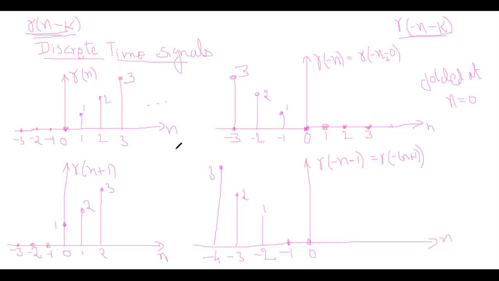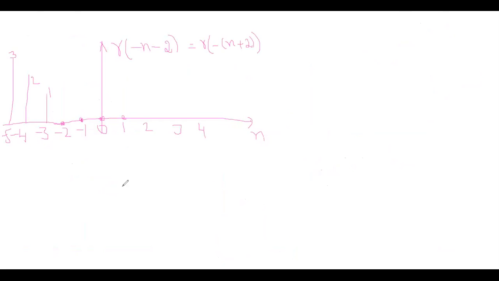Okay, my dear students. The folding occurs at the minus 2. Again, you may have a little bit of confusion. I will draw the R of n here. R of n.